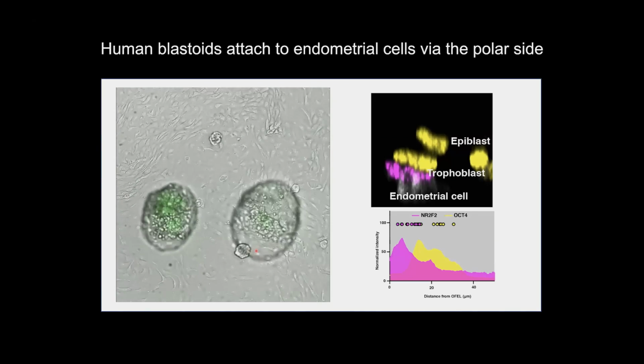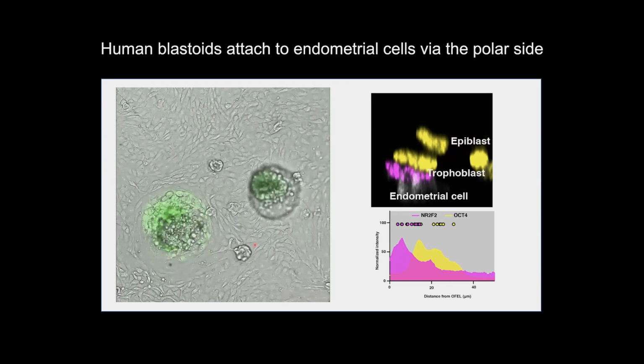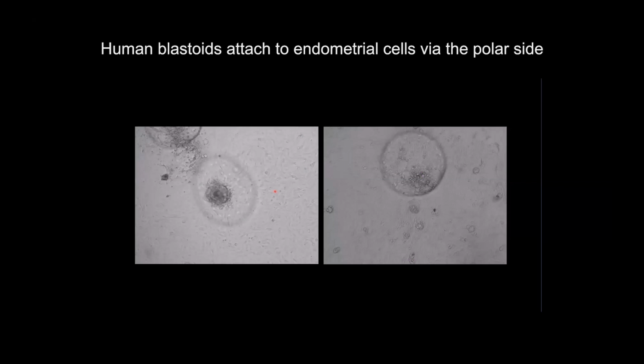And beyond this, in this movie, you can see that before attaching, the blastoids orientate and position themselves with the polar side down. And this is not anecdotal, this actually happens very robustly. This is suggesting that the blastoids are forming those sticky cells that we were talking about previously, and that they are forming them at the right spot, which allows for the adhesion to the endometrium.